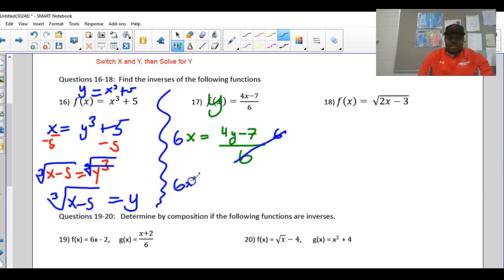So you now have 6x equals 4y minus 7. And then from here, we can add 7 on both sides. So I have 6x plus 7. Wait a minute, that didn't take right.